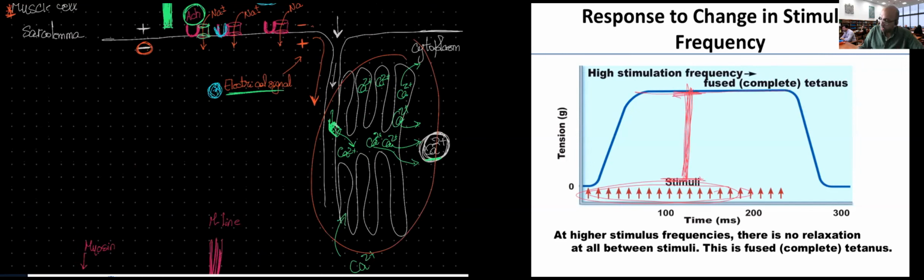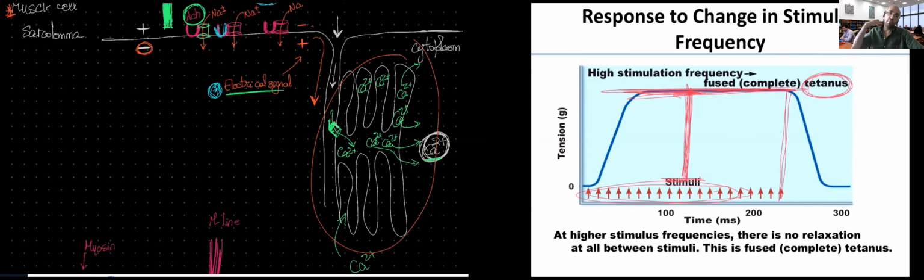And it is going to stay contracted as long as you receive the stimuli, creating a continuous contraction of the muscle, or tetanic contraction, or tetanus.